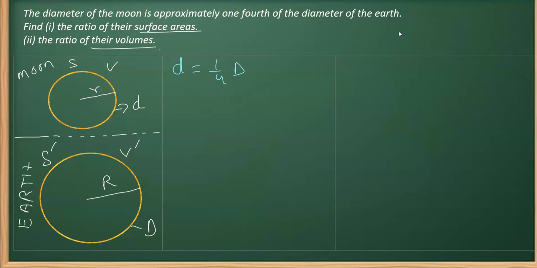What next we can do here is, we know that we have to obtain the ratio S is to S dash. Similarly, we have to get V is to V dash.